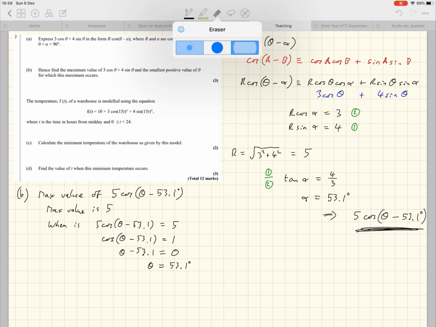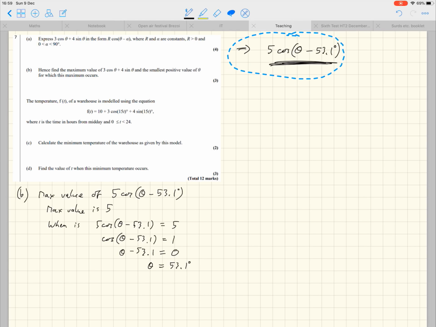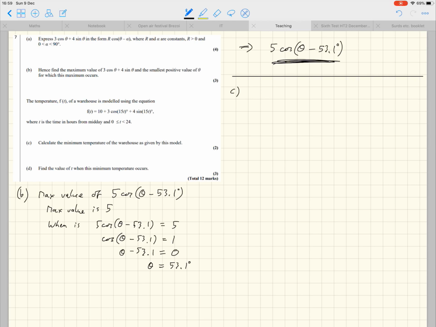So let's consider now part C. Before I do that, I'm just going to clear a bit of space over on the right-hand side here. I'm not going to erase this because we're going to need it again. So let's bring that up here, out the way. So part C. Reading the text before it, the temperature F of t of a warehouse is modelled by this equation. Again, you're not going to be able to solve this unless you spot that once again we're dealing with the same expression.